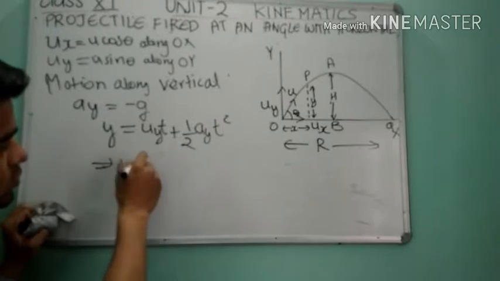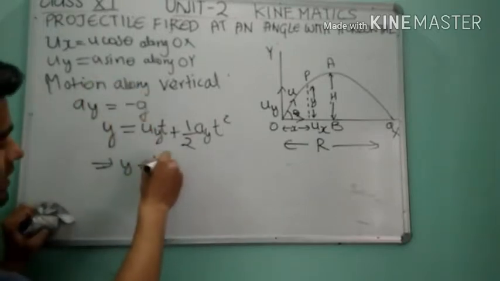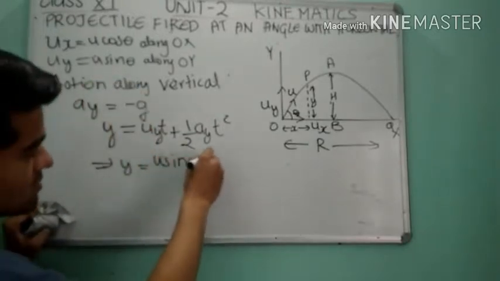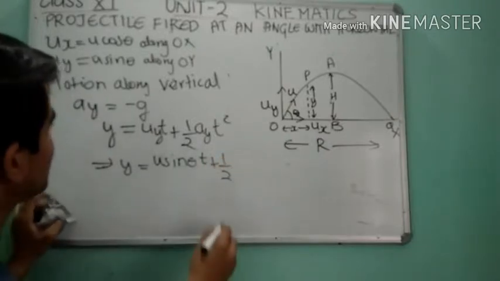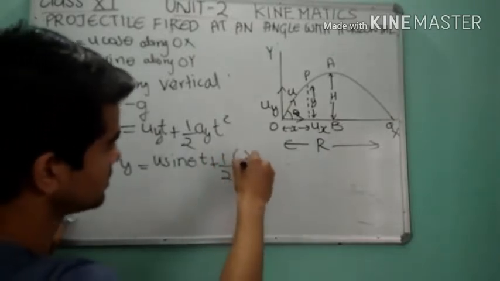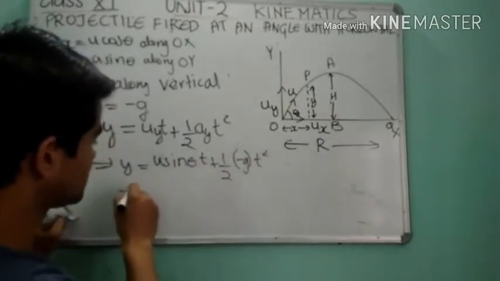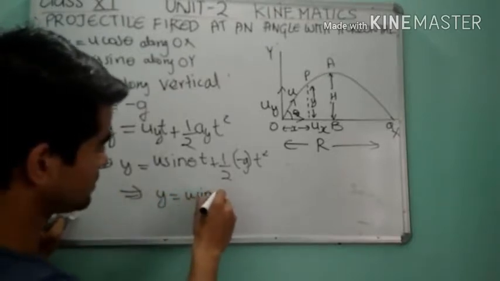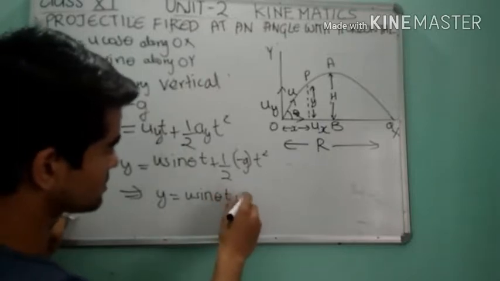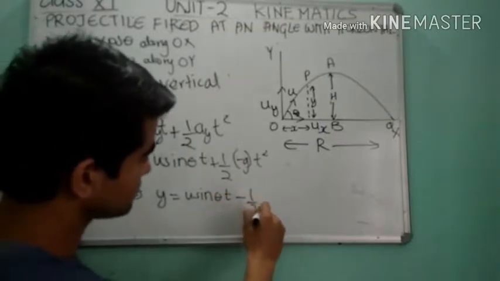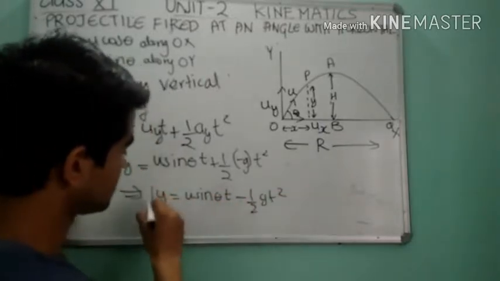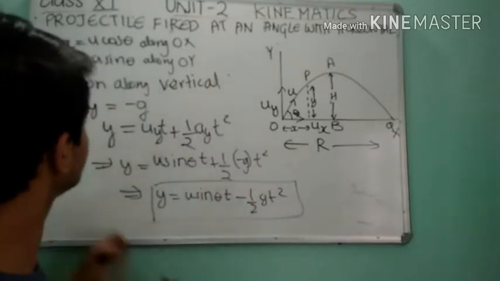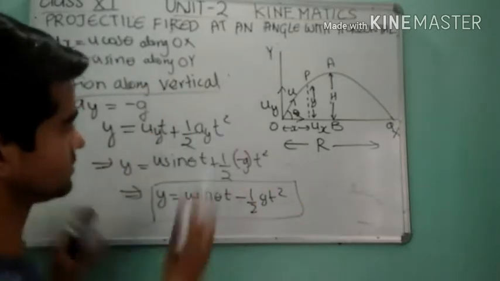So y is equal to uy, which is u sin theta, times t plus half ay, which is minus g, t square. Now this becomes y is equal to u sin theta t minus half g t square. So this is the equation of motion along vertical.